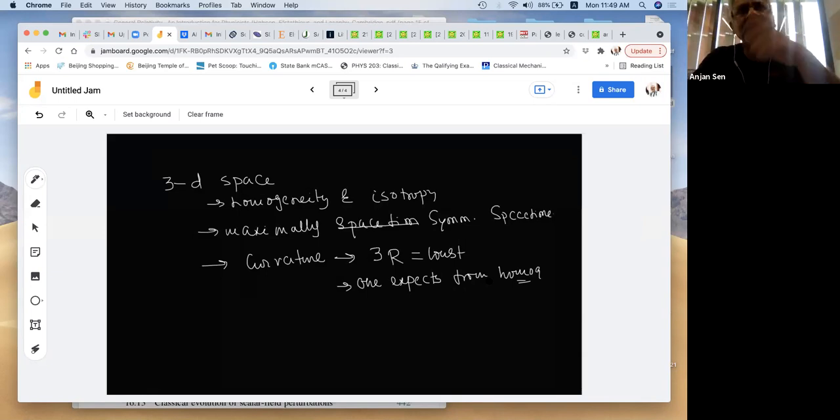There can be random fluctuations, but statistically all these properties of this large box remain roughly the same at different locations.